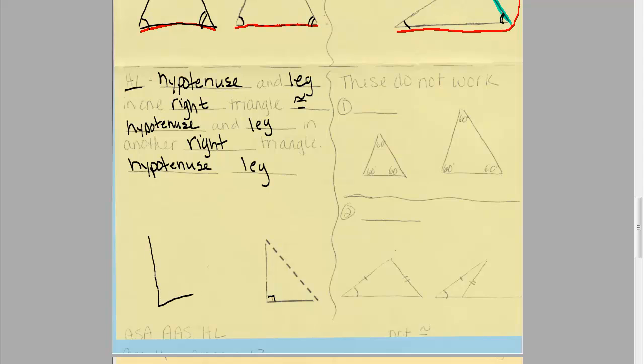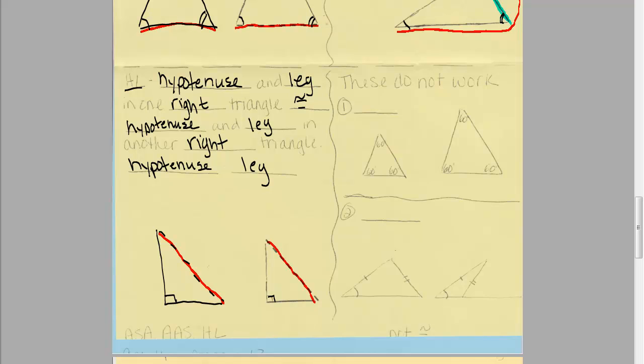And of course another, oh wow, that's really a horrible triangle. Let's try that again. Sorry. As long as you have another right triangle, if we know that the hypotenuse of both triangles are congruent, and that just one of the legs of the same two triangles, sorry.